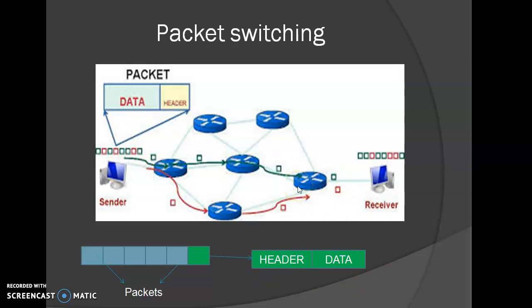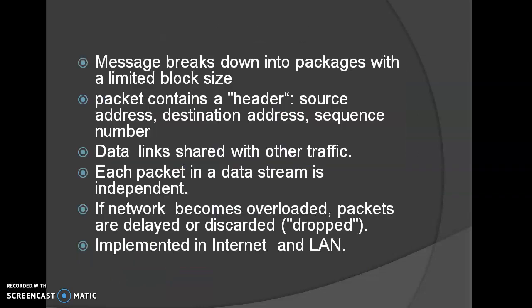If they are still stuck in traffic within those allotted times, they will never reach the destination, so the packet has to be dropped. This is the meaning of that. If the network becomes overloaded, the packets are delayed, and if they are very late and don't reach the destination at the allotted time, they will be discarded. They'll be dropped, and they become useless.